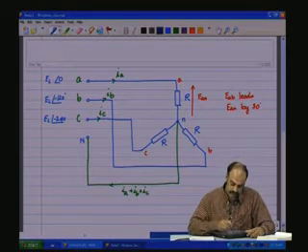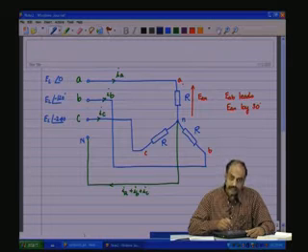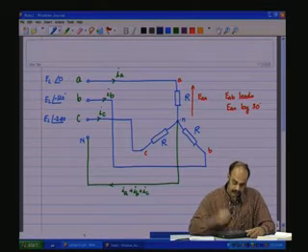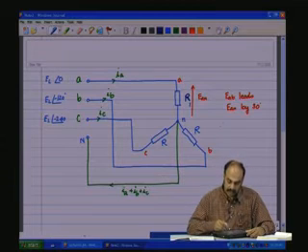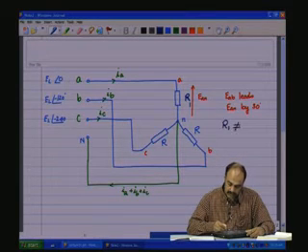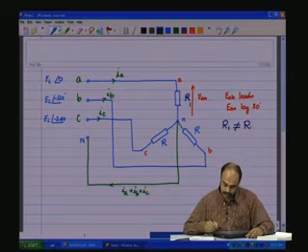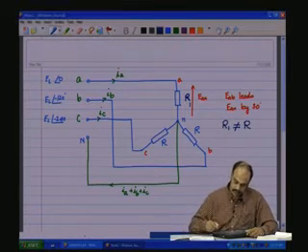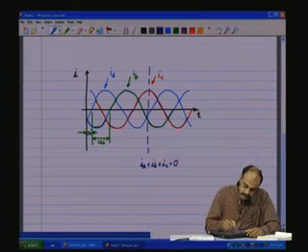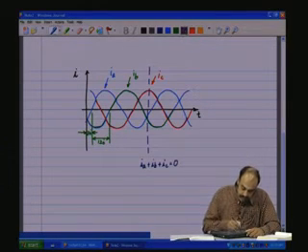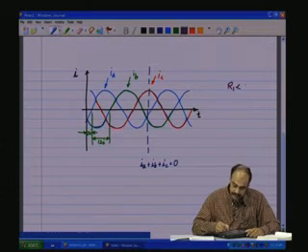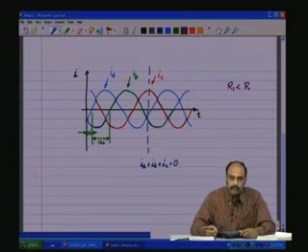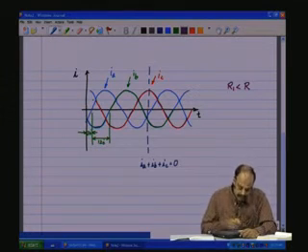So, let us say that the R connected to the A phase is instead of R, it is R1, and R1 is not equal to R. So, what happens is that, let us say R1 is lesser than R, which means more current, or more IA, flows through the R1 resistance.